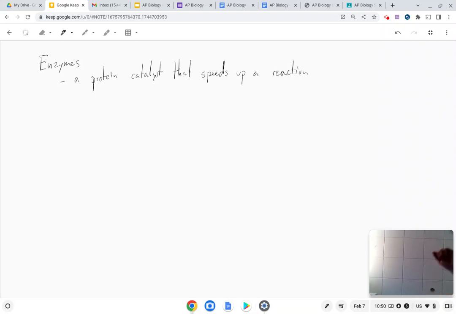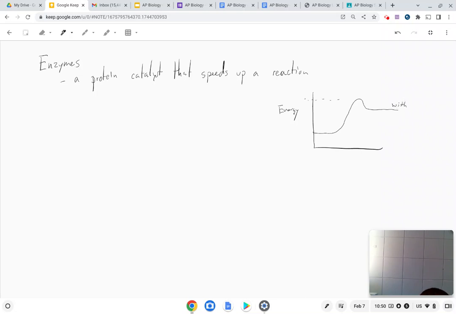I don't know if you guys remember that, but there was a diagram showing the energy required to move a reaction forward. So this is what the reaction looks like. There's a certain amount of energy that must be overcome before the reaction will proceed. So this would be with an enzyme.